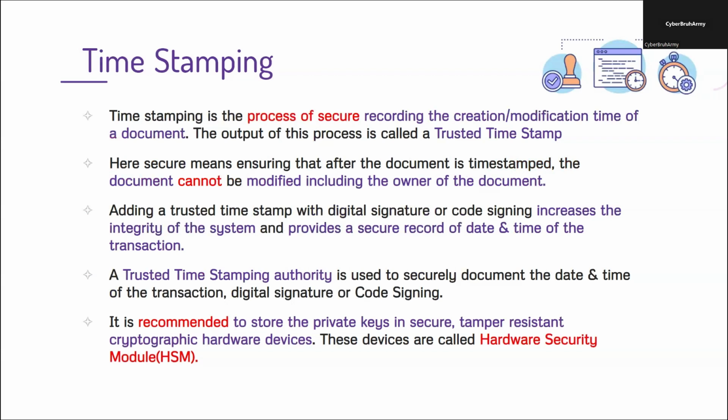Secure means ensuring that after the document is timestamped, the document cannot be modified, including by the owner of the document. So it's adding trust, increasing the integrity of the system and providing a secure record of the date and time of that transaction. A trusted time stamping authority is used to securely document the date and time of a transaction, like a digital signature or code signing.